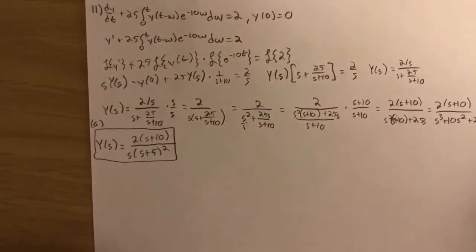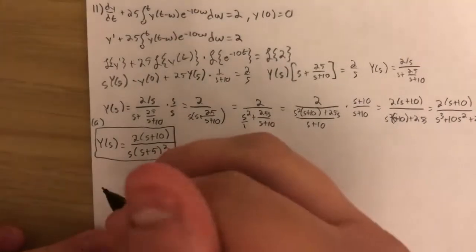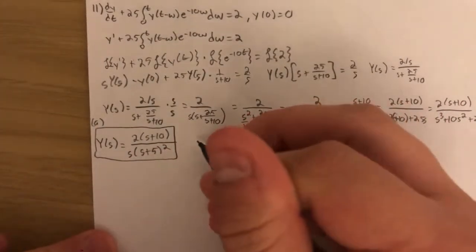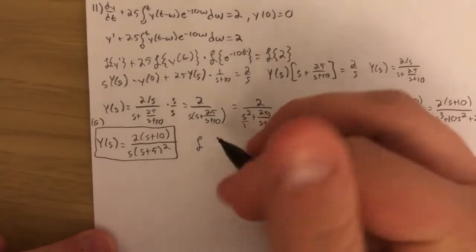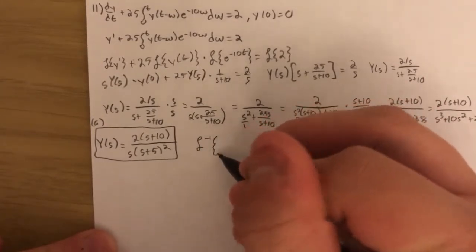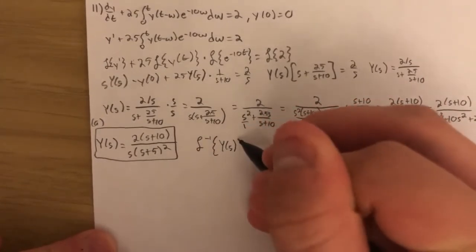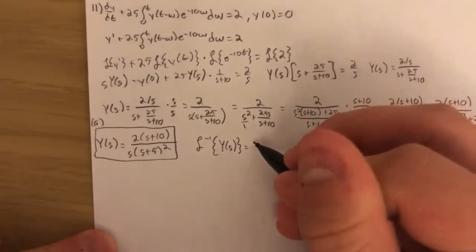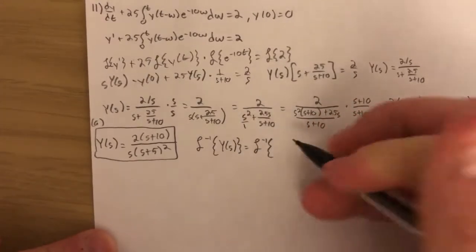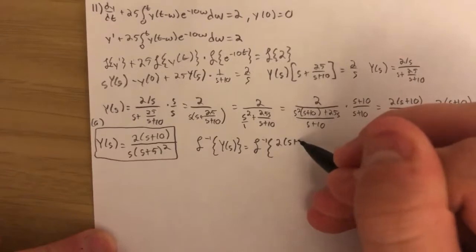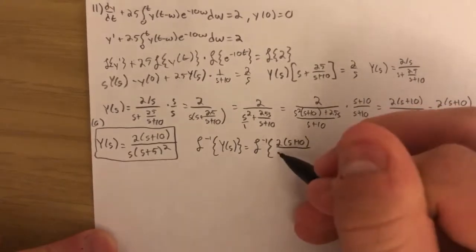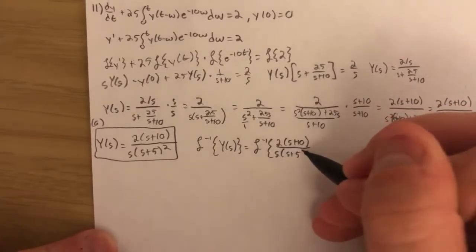In order to find the solution y of t, we need to take the inverse Laplace transform of both sides. So the inverse Laplace transform of capital Y of s equals the inverse Laplace transform of 2 times s plus 10 over s times s plus 5 squared.